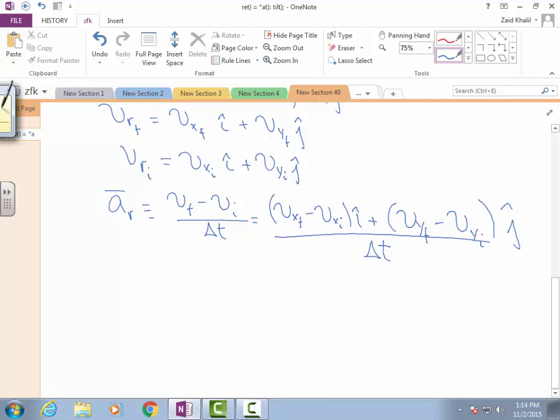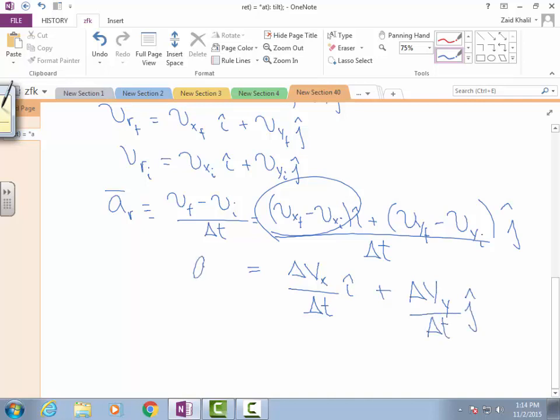That delta t distributes to each term. Notice what's this? No. Vf minus Vi is delta V in what direction? And there you go. And that is the average acceleration in the radial direction.